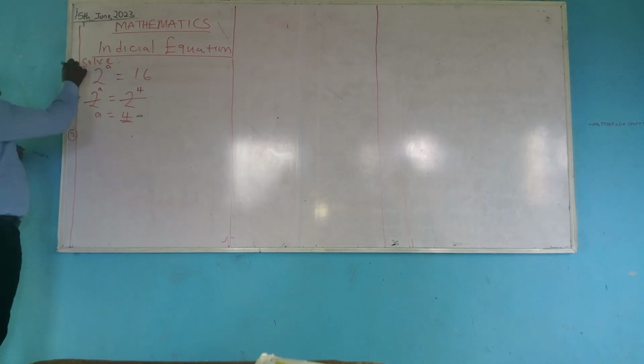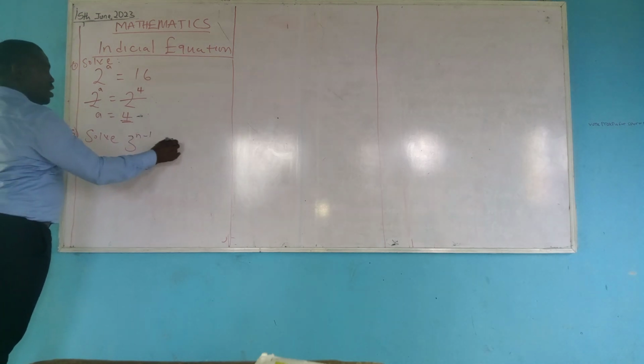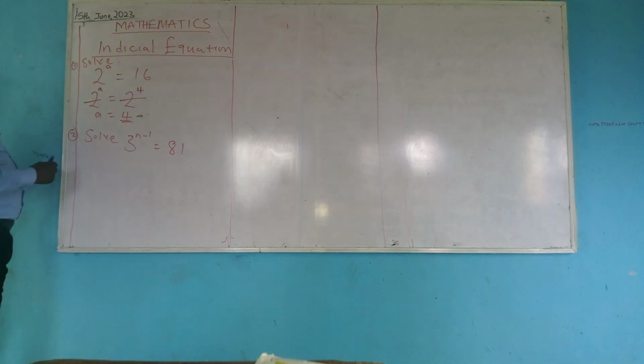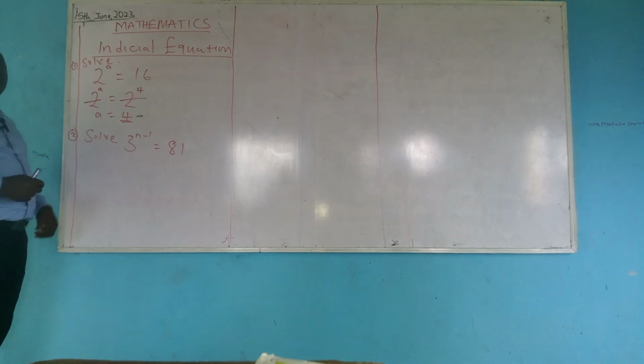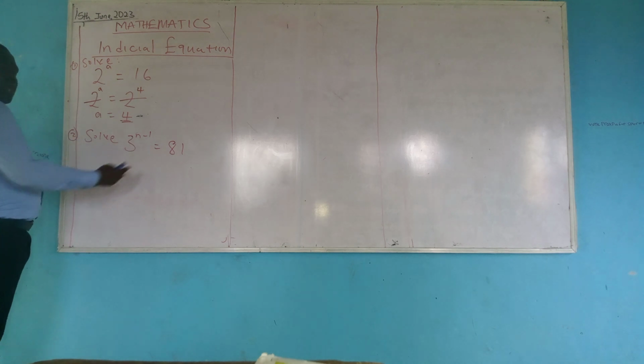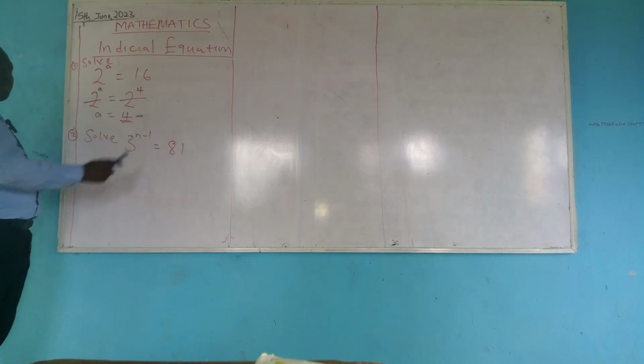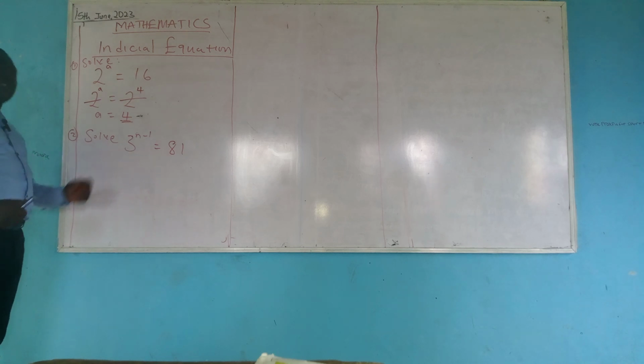Look at this again. Number 2, you are told to solve something like this. Let's assume you are asked to solve something like this, and here you have 81, and you're looking for n. Of course, you know that this is 81. I ask myself, is there a way I can raise this base to an exponent that will be equivalent to what I have here?